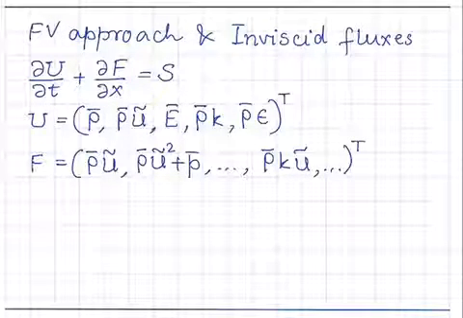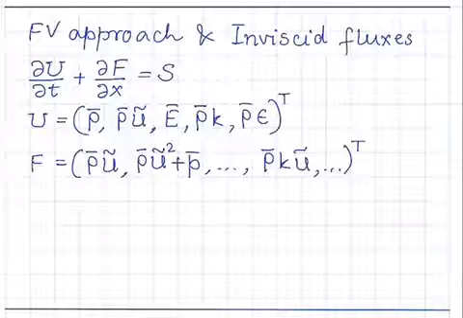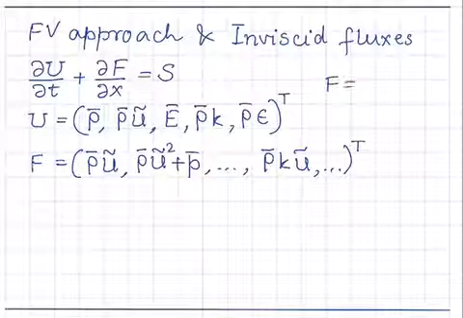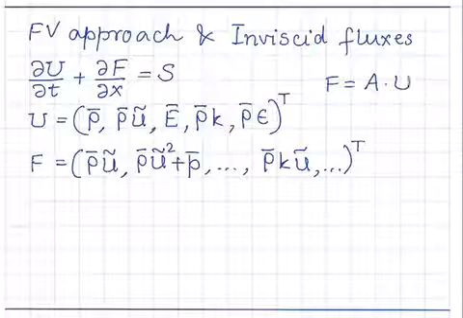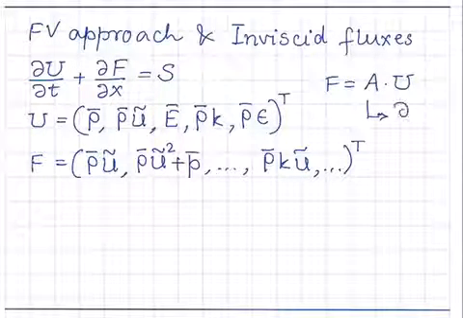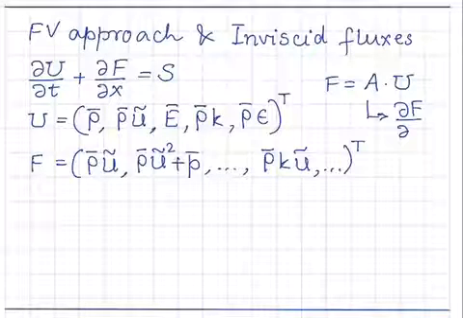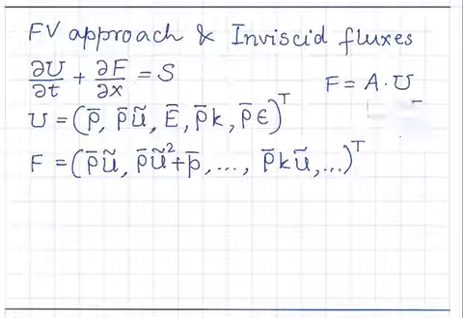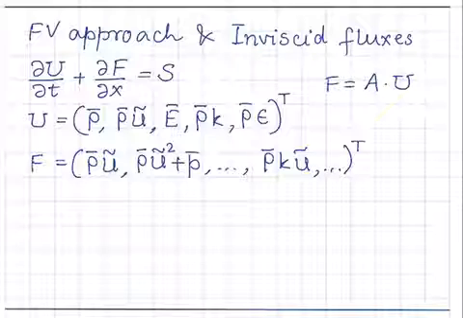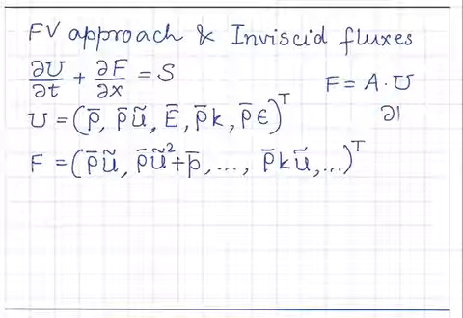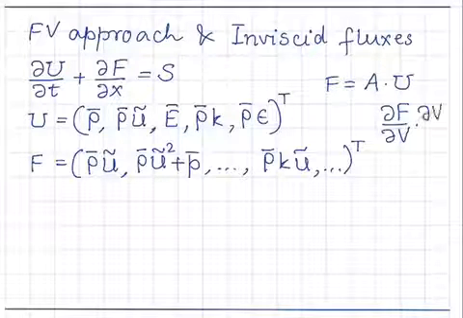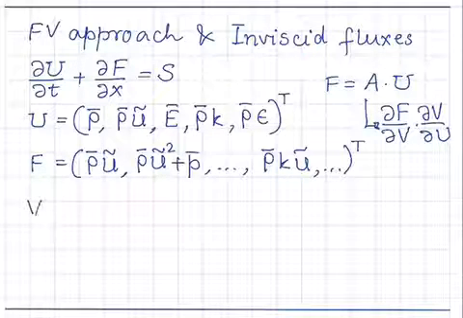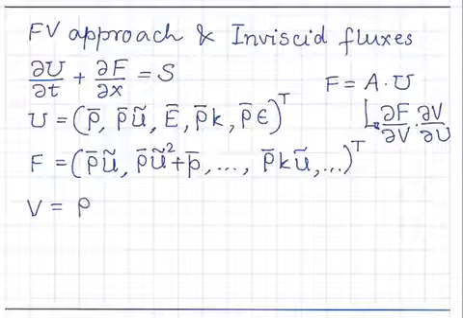So we have the flux vector, and the way we compute it using the flux vector splitting approach is to evaluate the flux in terms of a Jacobian matrix times U. The Jacobian matrix is dF/dV times dV/dU, and for this we define a vector of primitive variables.